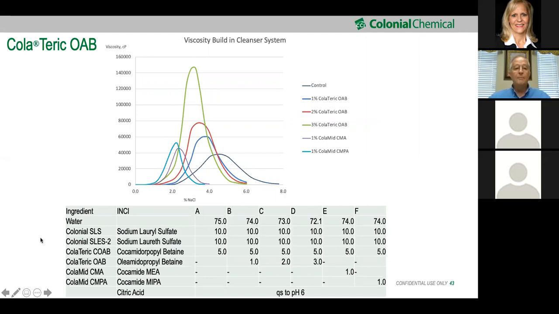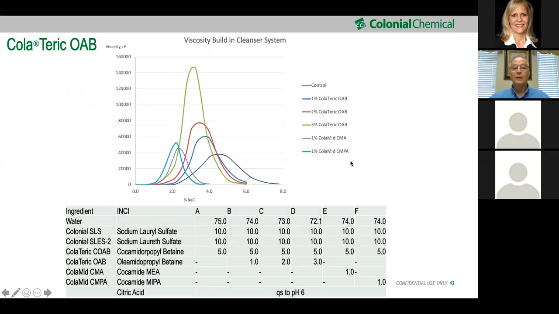Very busy slide, but let me try to unpack it a little bit with you. So as in anything, we would compare it to some existing standard. And the Colamid CMA is just cocamide MEA, which is a standard thickener in a lot of shampoos, facial washes. And you see that data right in here, buried in here. And 1% of the Coliteric OAB would be right in here, very comparable, but at a little bit higher salt load.